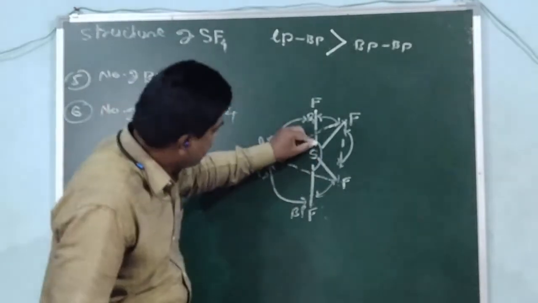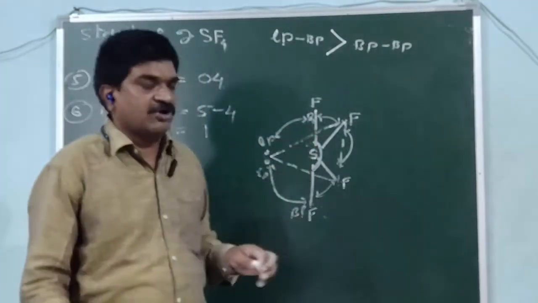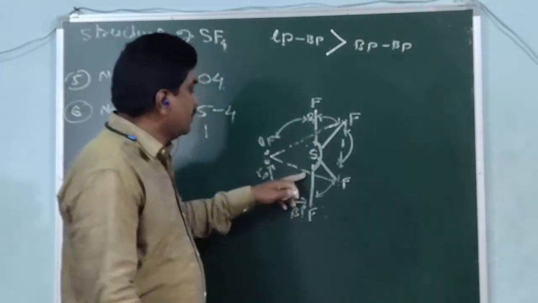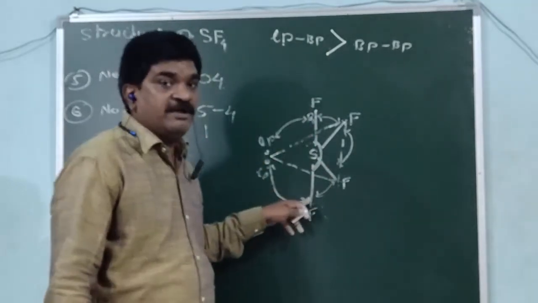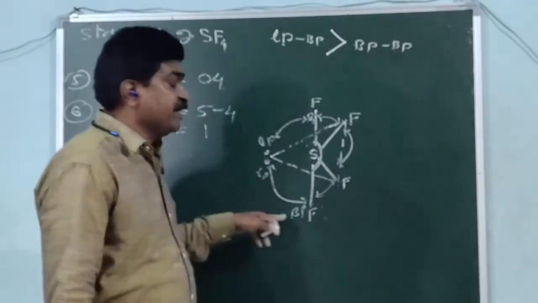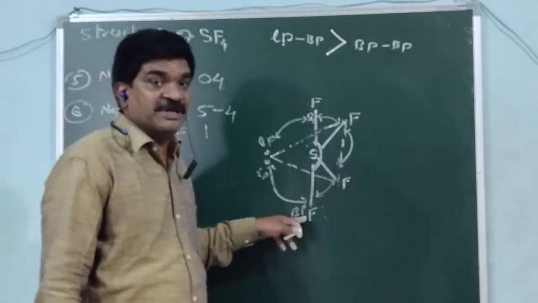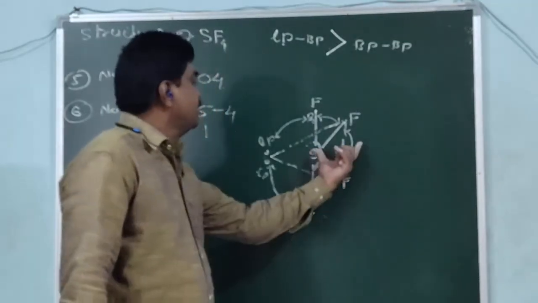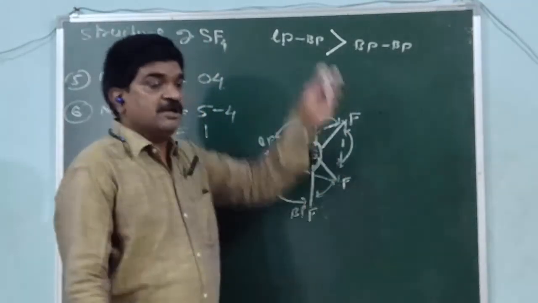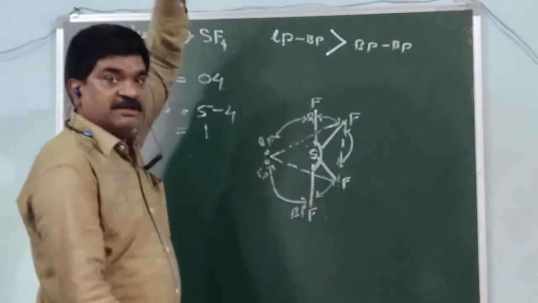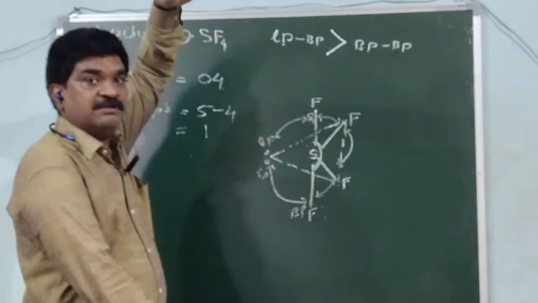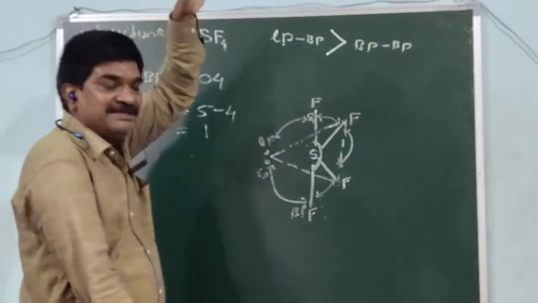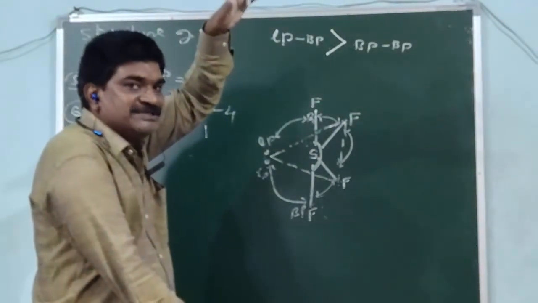I am just measuring this angle, it does not remain equal to 180 degrees. It is not straight. Why? Because of lone pair bond pair repulsion, which is greater in magnitude as compared to bond pair repulsion. So this axial F-S-F angle gets reduced, slightly converged inside.